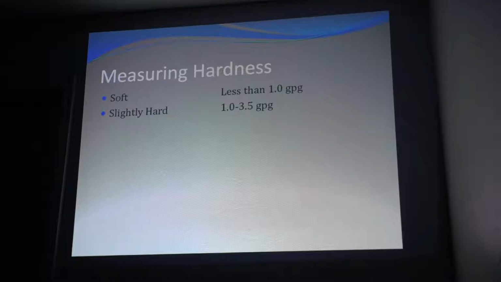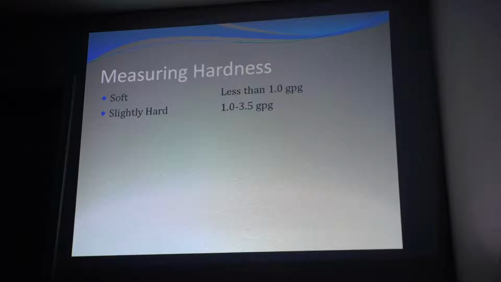So this here is a WQA report really calling out the different levels of hardness. You got soft water, which is less than 1 grain per gallon, which once again, remember, is less than 17.1 parts per million.